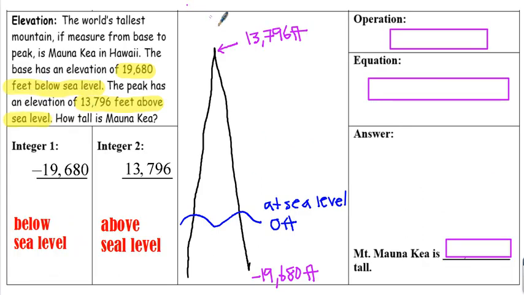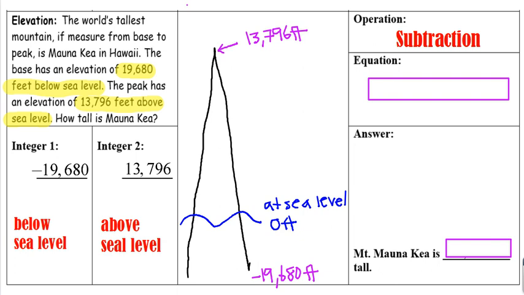In this problem, we're looking for the distance from the top to the base, from the highest elevation to the lowest elevation. And that is going to be a subtraction. We're trying to find the difference between the high elevation and the low elevation. So it's very similar to the first problem we did with the thermometer. It's going to be the difference between the two elevations, and again, difference means subtraction.